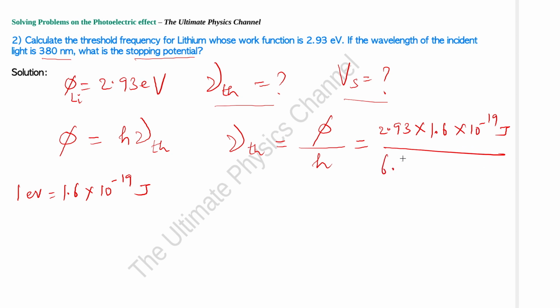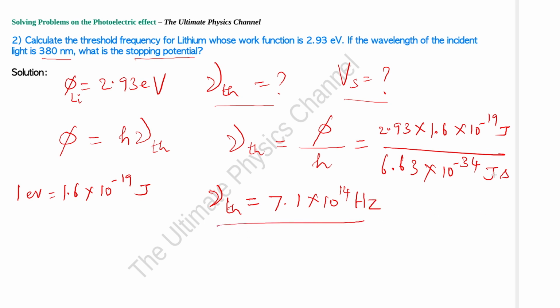This over the Planck's constant 6.63 times 10 power minus 34. The resulting frequency is per second units, so that is hertz. So nu suffix th is equal to, if you work out these numbers here, you're getting the threshold frequency as 7.1 times 10 power 40 hertz.